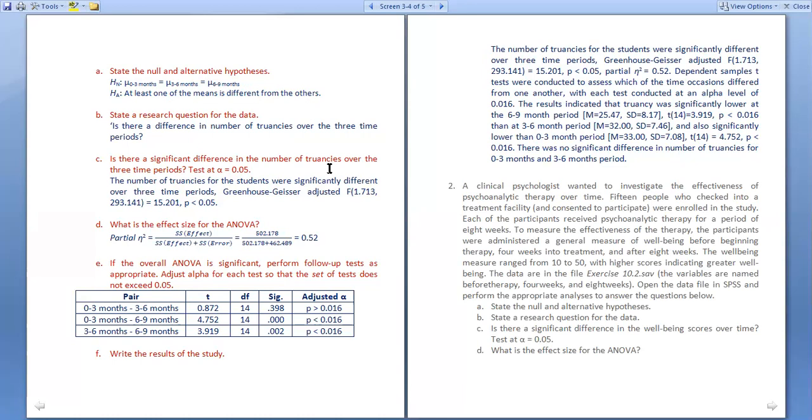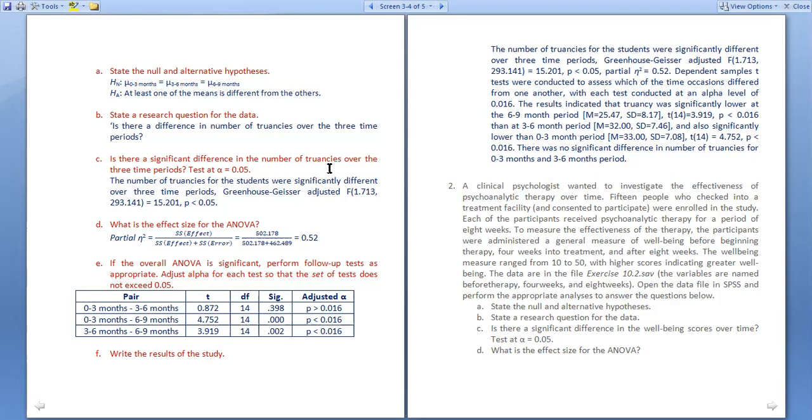So H0, the null hypothesis, is that all the three quarters, that is 0 to 3 months, 3 to 6 months, and 6 to 9 months, will have the same truancy rate, or the number of truancies will remain the same. But the alternate hypothesis says that at least one of the means is different from the others. So that becomes the null and alternate hypothesis.